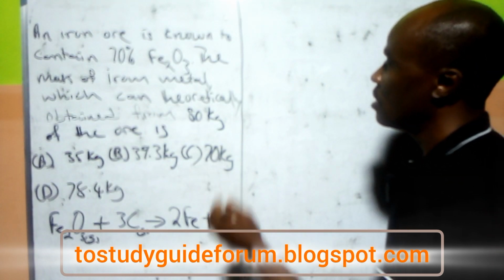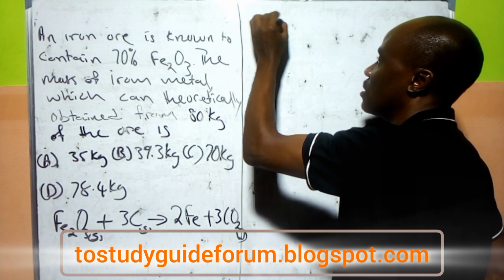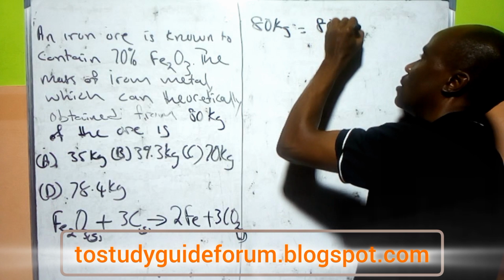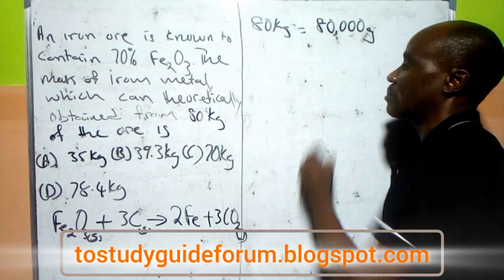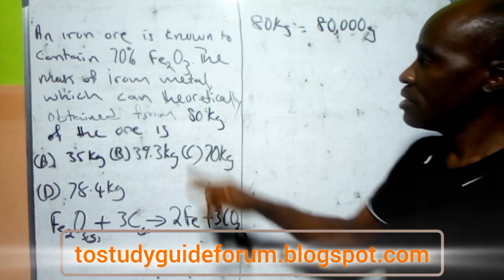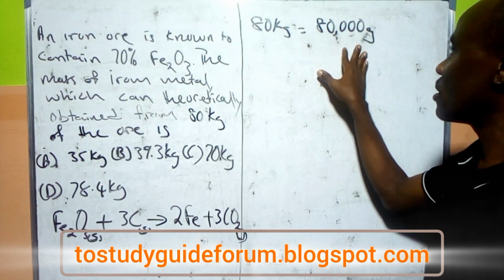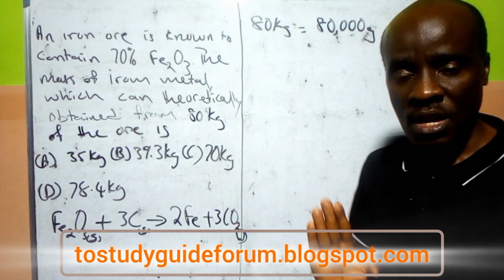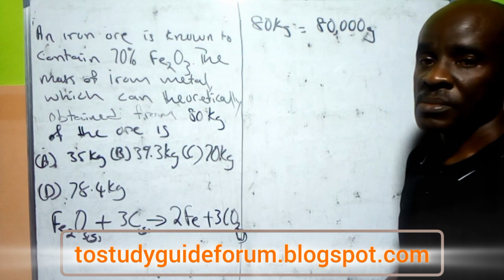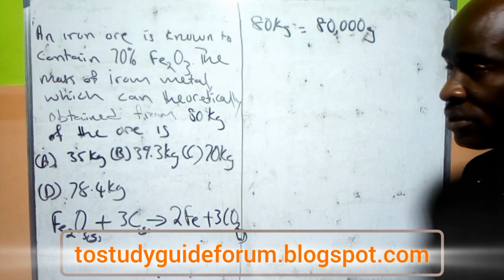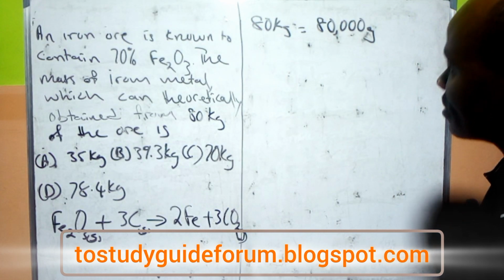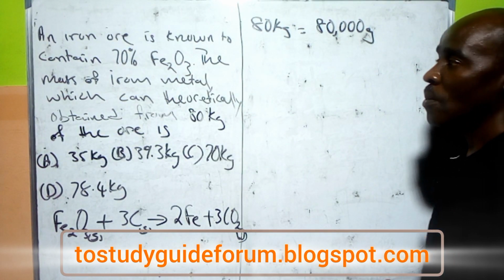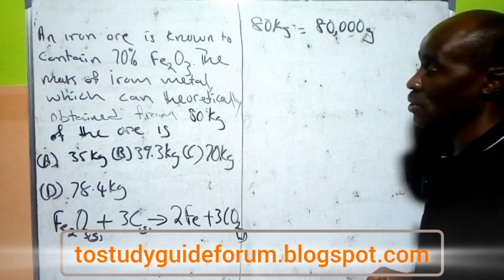Now we were given 80 kg, that is the same thing as 80,000 grams, and in this 80,000 grams, 70% of it is iron 3 oxide. So in that case, we need to find the mass of the iron in the iron 3 oxide.